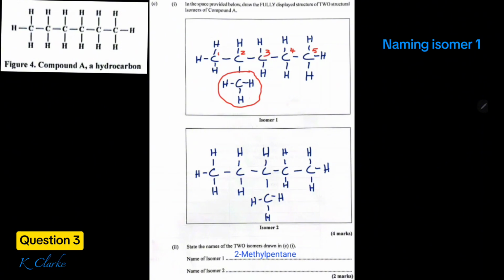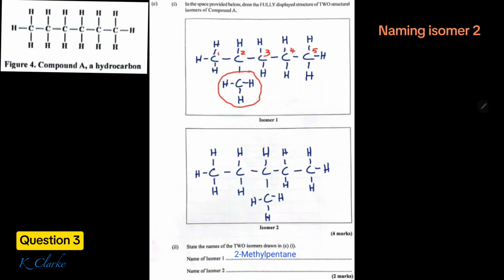Numeral 2 is the carbon number where the branch group is connected on the longest chain. Methyl states the name of the branch group since the group has 1 carbon. And pentane comes from the name of the longest chain since there are 5 carbons in this longest chain.